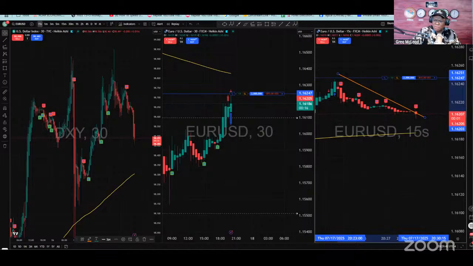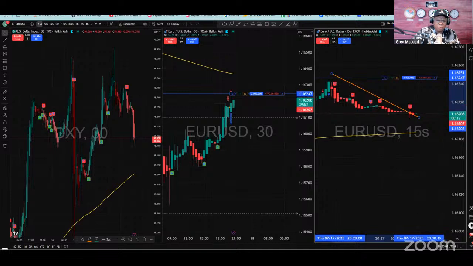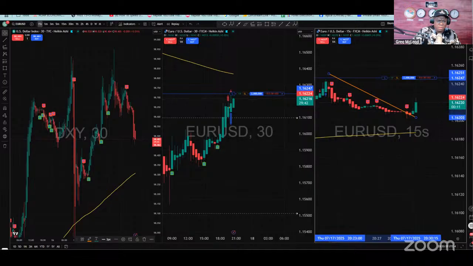There is the wagon wheel. There we go. Breakout.